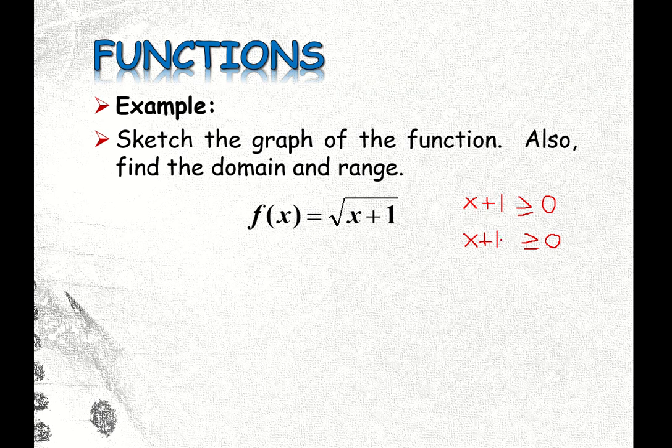So to solve for x, let's subtract both sides by 1. 1 minus 1 is 0, so what is left on the left side is x. x is greater than or equal to minus 1.